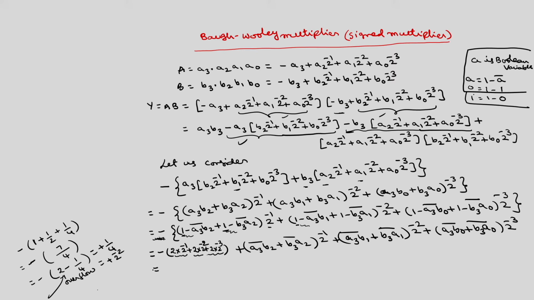So, what happens is here, this is equal to A3 B2 bar plus B3 A2 bar into 2 raised to the power of minus 1 plus 2 raised to the power of minus 2, here this term is also there. So, we will get 1 plus extra term. This is A3 B1 bar plus B3 A1 bar plus 1, because this entire thing is equivalent to 1 by 4 which is equal to plus 2 raised to the power of minus 2.